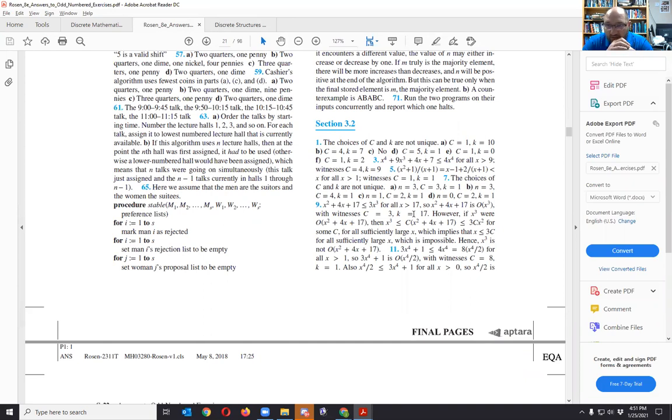Personal preference. However, if x cubed were on the order of x squared, then x cubed is less than or equal to c times x squared for all sufficiently large x, which implies that x is less than or equal to c, which is impossible. Hence, x cubed is not big O of x squared.